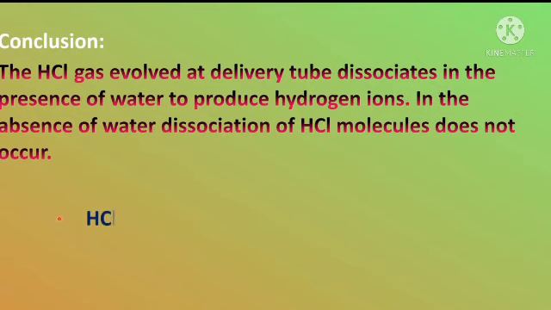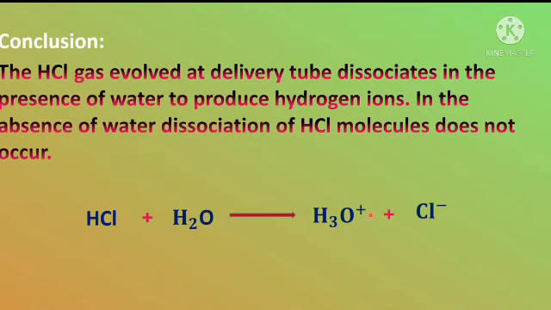We can see the equation: HCl plus H2O, these both are reactants, gives H3O plus, where plus means the cation, and Cl minus. This is the balanced equation: 3 hydrogens, 1 chlorine, 1 oxygen on both sides.